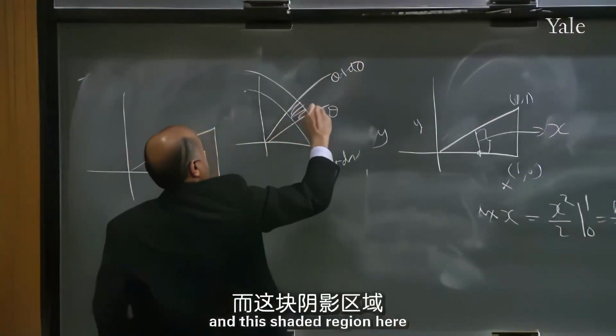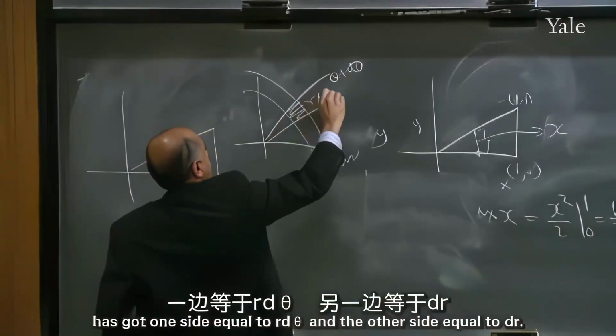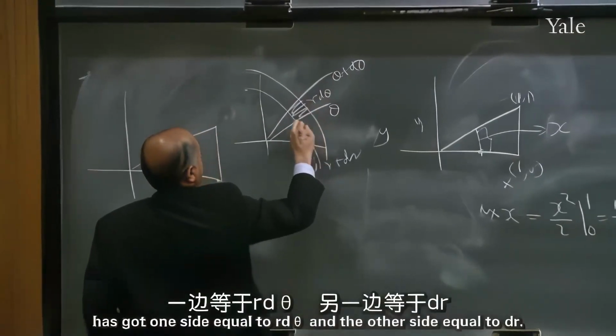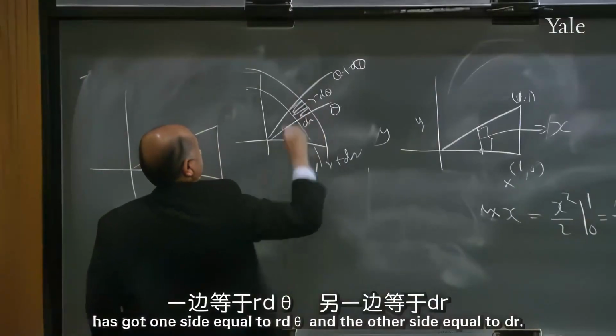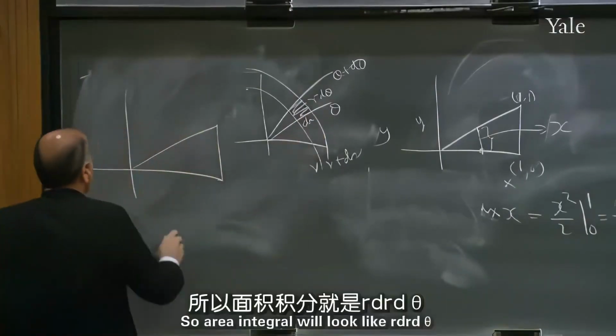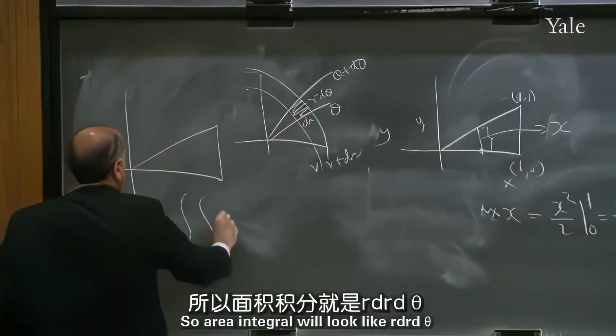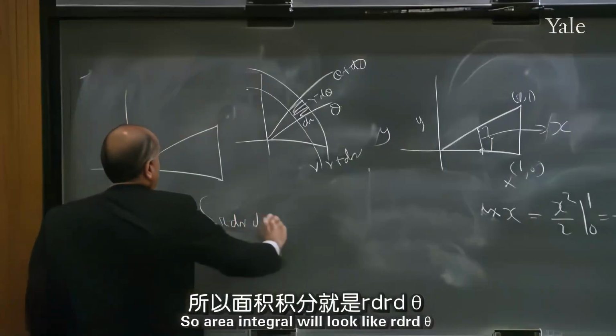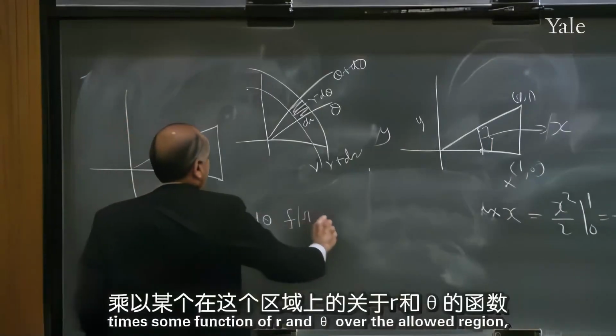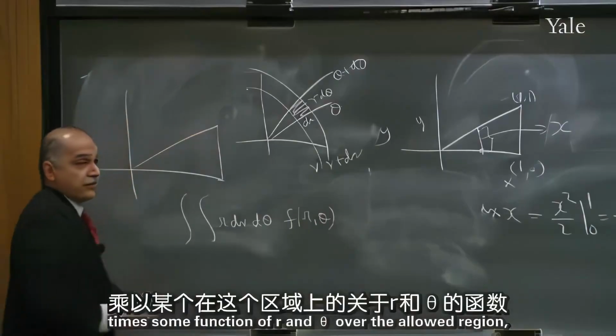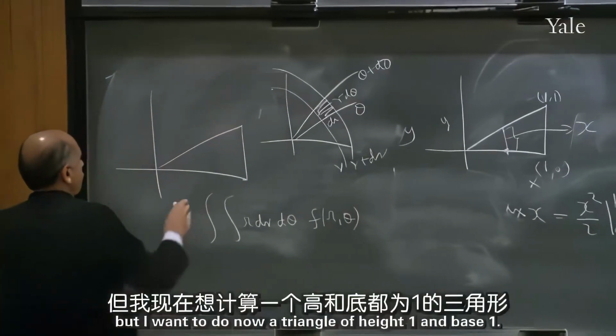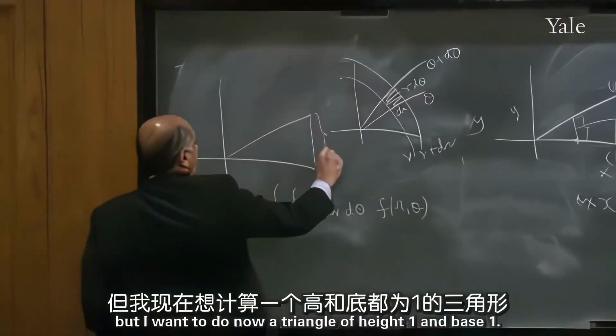And this shaded region here has got one side equal to r d theta and the other side equal to dr. So area integral will look like r dr d theta times some function of r and theta over the allowed region. But I want to do now a triangle of height 1 and base 1.